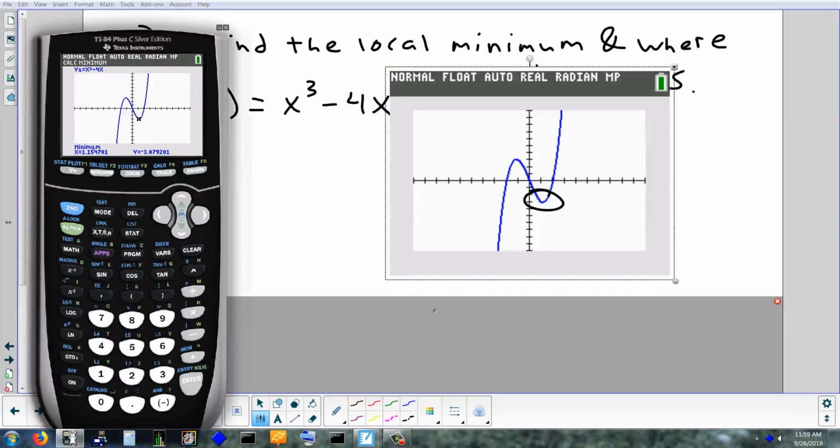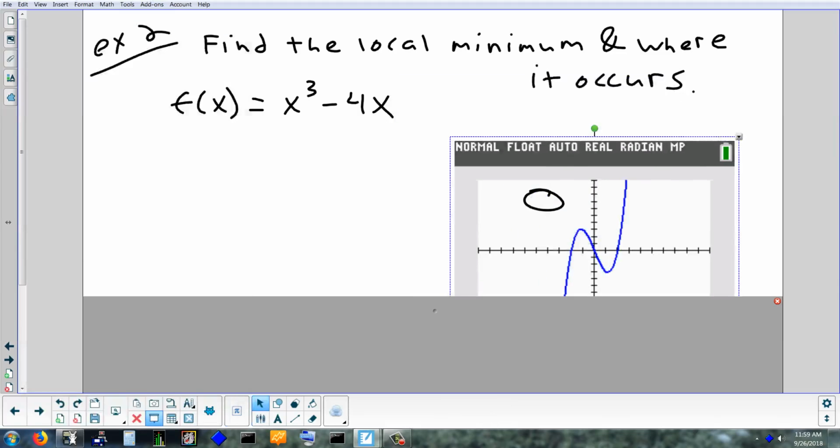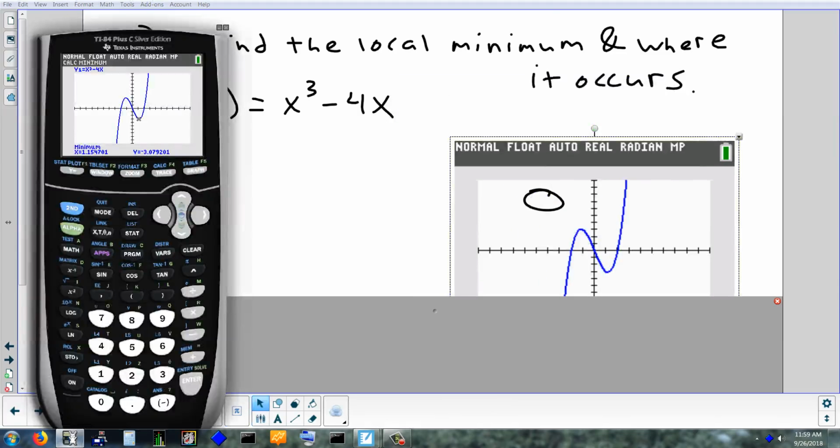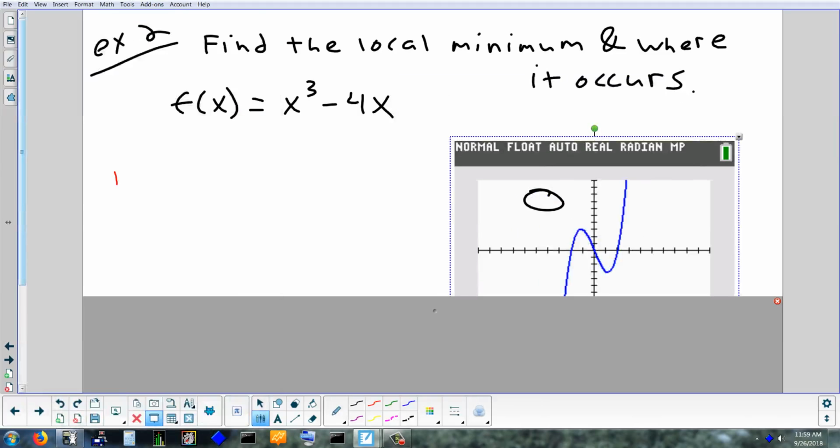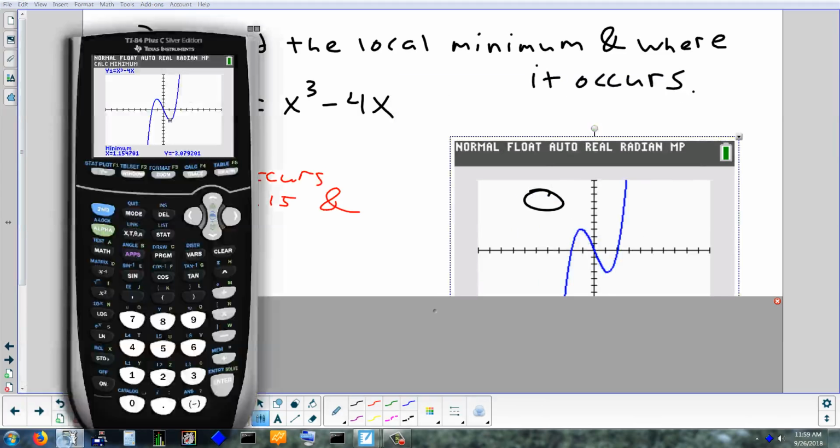So they asked me two questions. What is the minimum? And where does it occur? So where the minimum occurs is the x value. It occurs at 1.15. So the min occurs when x is 1.15. And now what is the actual minimum?